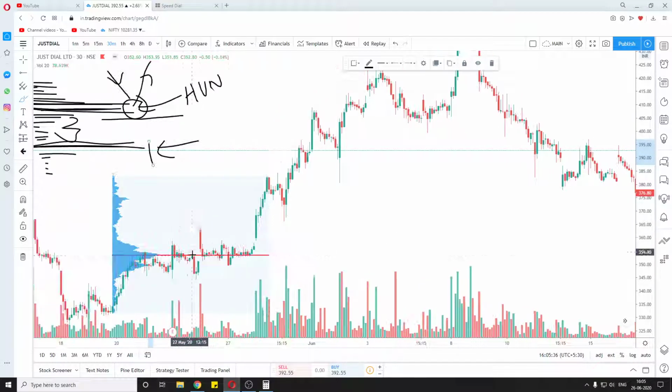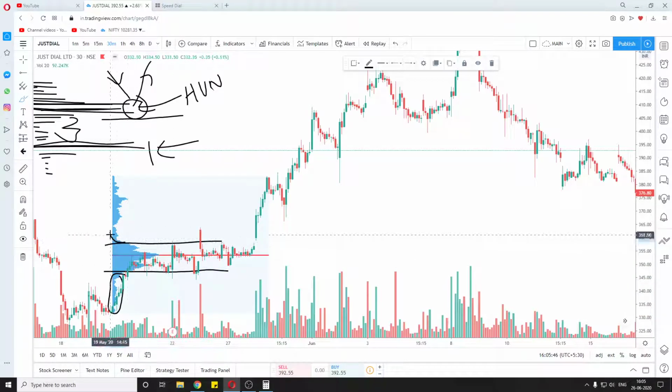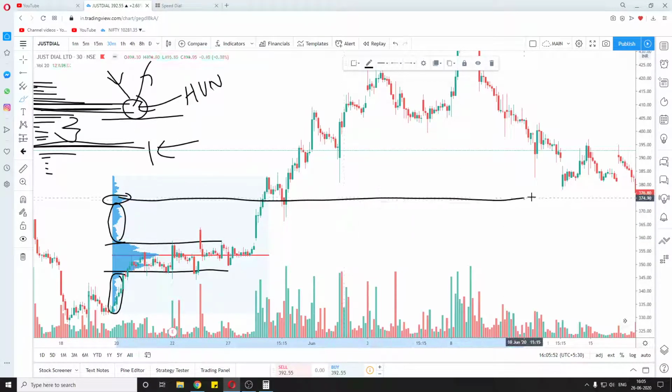So in this case, what we can see is, after around here at this level, there is not much volume, and after this area there is not much volume, there is some volume around here, and as you can see, this price has also acted support here.